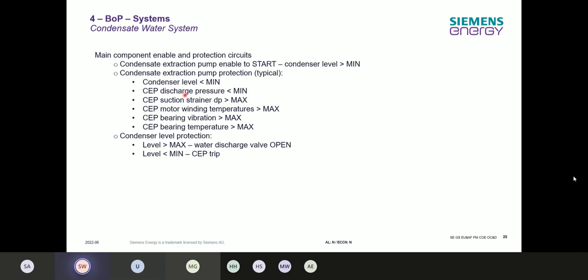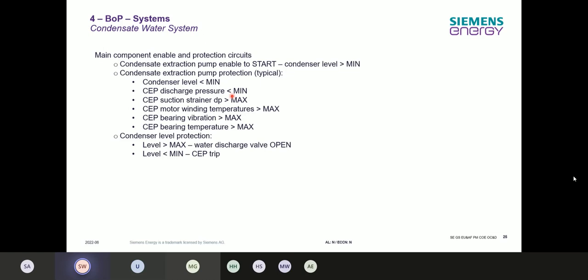We have the CEP discharge pressure. When the discharge pressure is too low, that means the pump is running, but probably something with the pump is not right. Your discharge pressure is below a certain value.